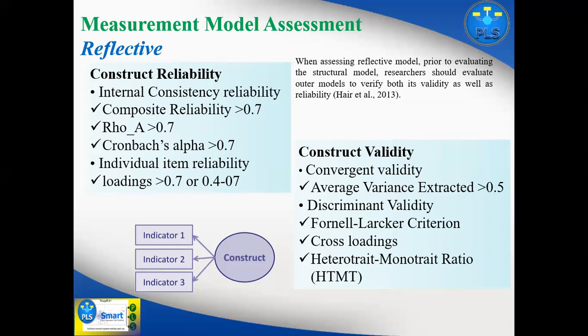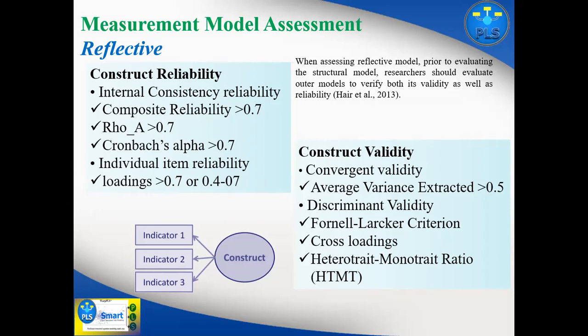Maybe you collect data using the same items, you analyze everything, and you get results. We assume that if these items are reliable, when I collect data using the same items, I should get the same result. That is what we call reliability.